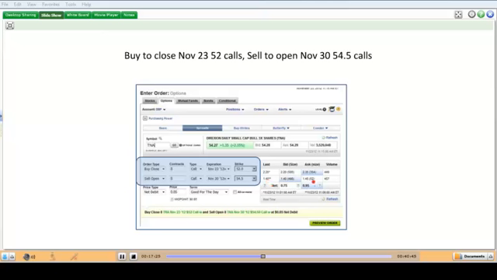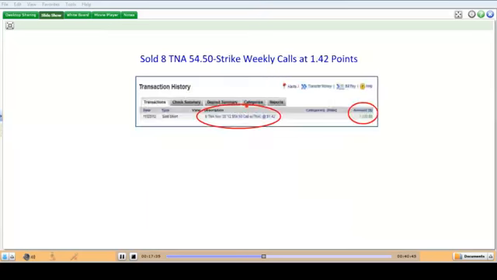So let's take a look at my actual fill for this spread trade. Of course, I closed out the November 23rd options, and now I sold short the November 30th options at 142. So by using the spread order, I was able to split the difference between the bid and the ask. So I sold 8 of the November 30th 54.5 calls at 142, or $142 per option.